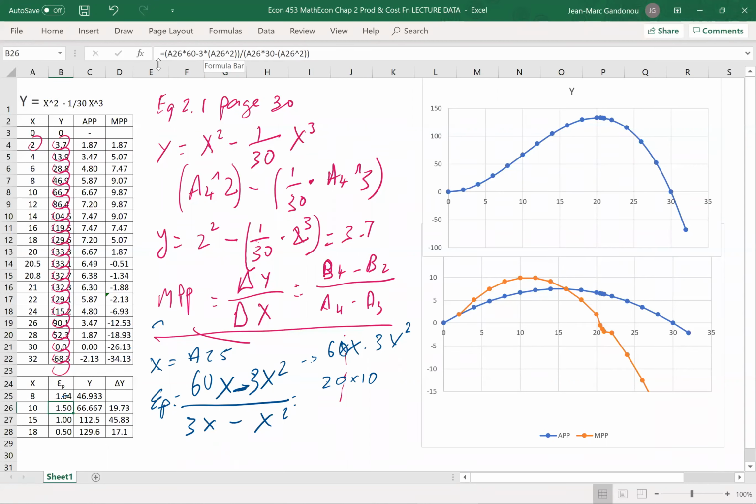So my example is 60 times x, which is 10, minus 3 times 10 squared, divided by 10 times 30 minus 10 squared. And that's what will give me 1.5.